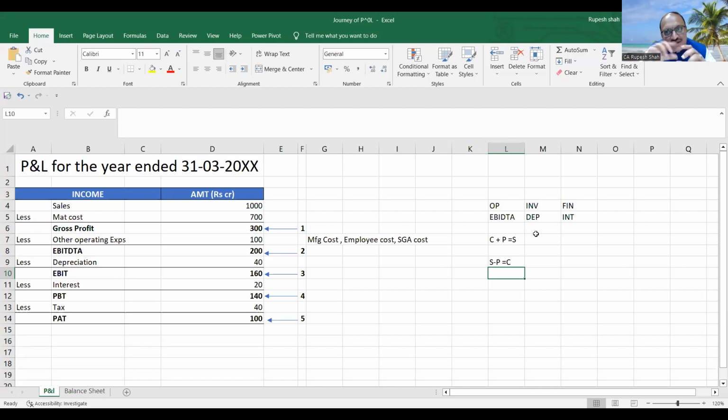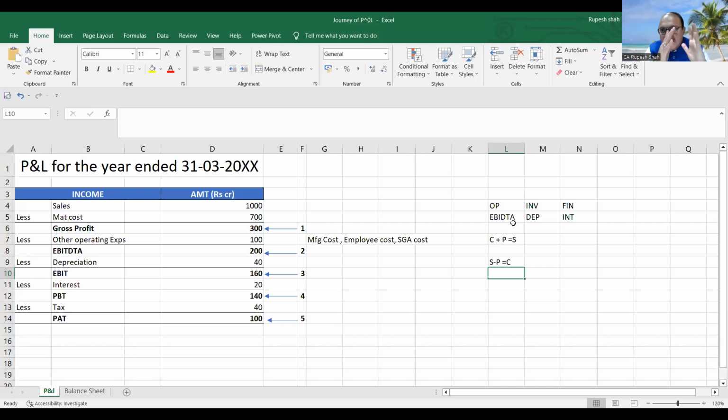But that will not last long in a competitive environment, because the people will catch up to match that, and again, the profitability will come to the normal level. So from this discussion, the point I am driving home is that EBITDA is such a thing that in the long run or in a comparable period, by and large, in the majority of the cases, it should move in a particular range.